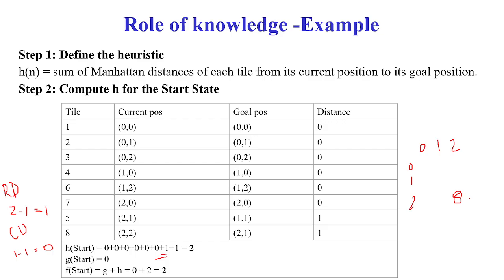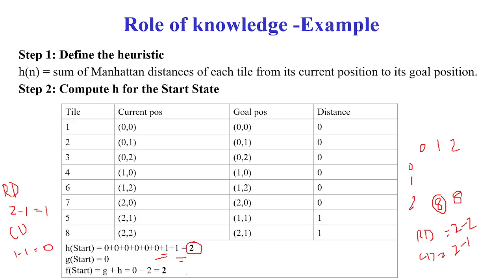So the goal is actually at row 2, column 1. This is where the 8 has to be. So again, you find the row difference, 2 minus 2, and column difference is 2 minus 1, so it's 1. So when you add all these things, that's going to be 2.